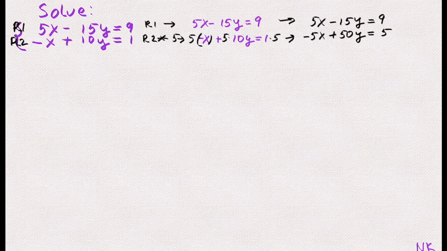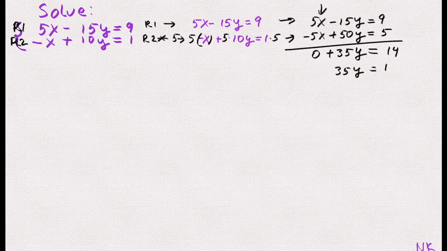Once we have additive inverses for the x variable, we can add 5x minus 5x, that adds up to 0. We have 50y minus 15y, that gives us positive 35y equals 9 plus 5, 14. So we have 35y equals 14.